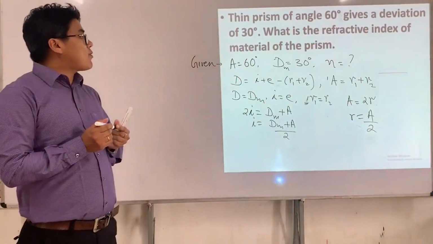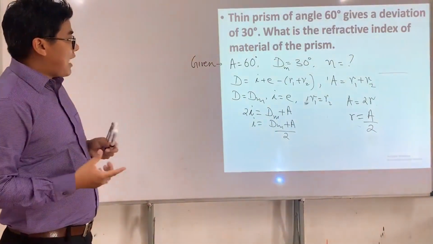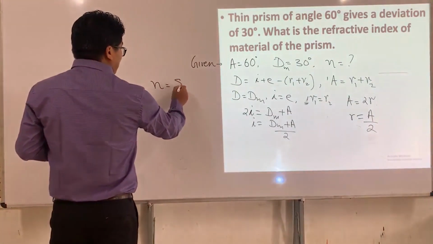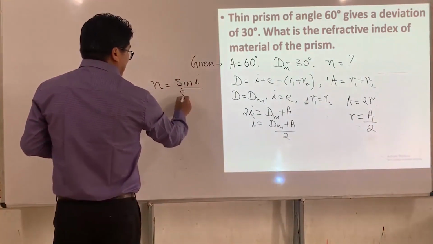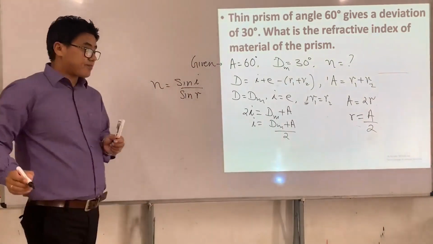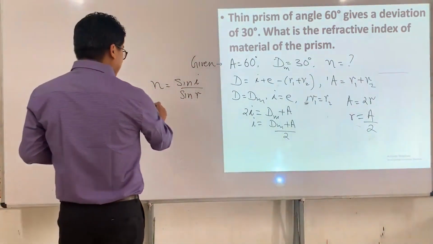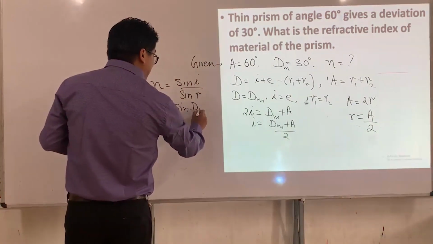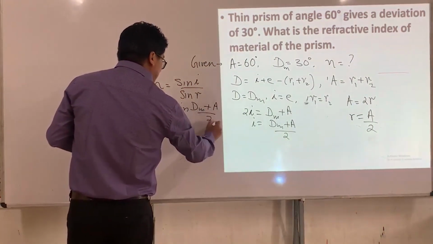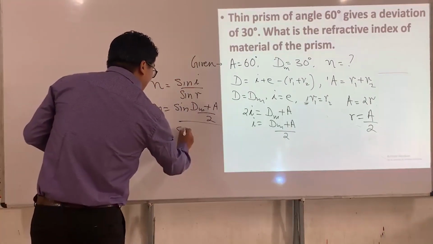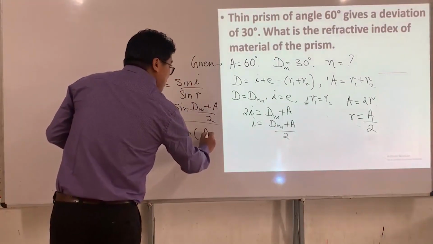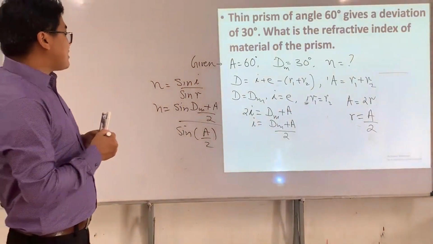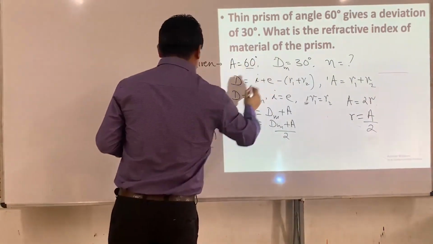Then again I told you that we have to put Snell's law to derive the refractive index. So what is the refractive index? Refractive index is equal to sine I divided by sine R. So what is sine I? Sine I is equal to sine of (Dm plus A) divided by 2. What is sine R? Sine R is equal to sine of A divided by 2. Alright. So what is the given? This is A, this is Dm.